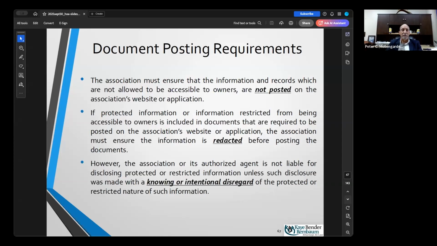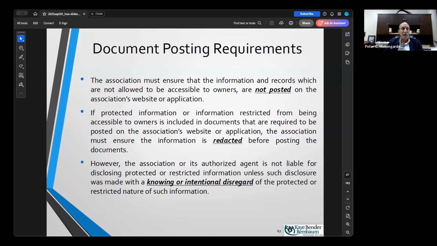If protected information or information restricted from being accessible to owners is included in documents that are required to be posted on the website, then you must ensure they're redacted. So if you have a document which otherwise must be posted, but it has privileged or inaccessible information on it, you've got to redact that out before you post it.